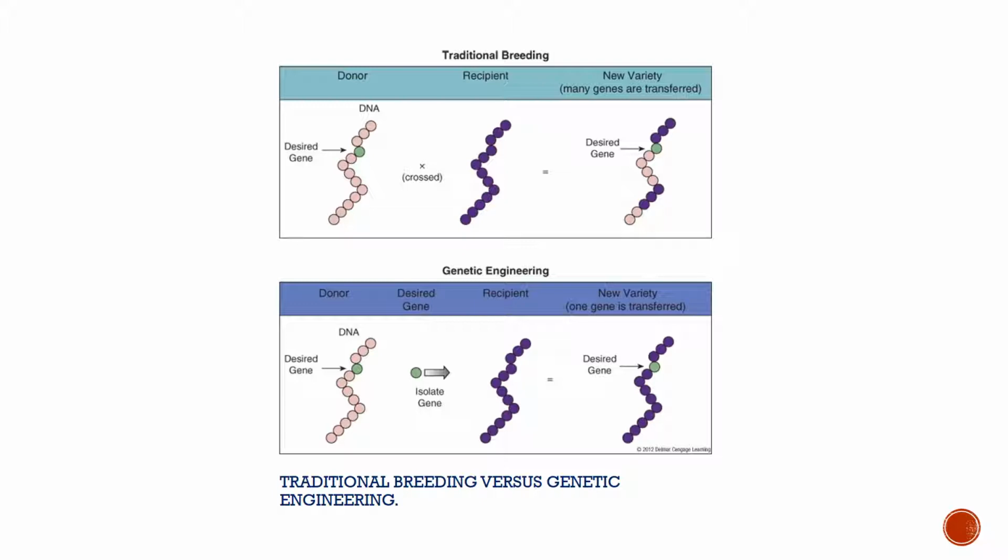But that genetically engineered gene on the bottom left, you're going to see that green gene again, that desired gene. It's going to be isolated, like we talked about, into the recipient, and then I'm going to get that desired gene and nothing else. Okay, it's one gene transfer. That's it. I'm going to have the same exact gene that I wanted with the variety, those donor genes that I wanted as well.